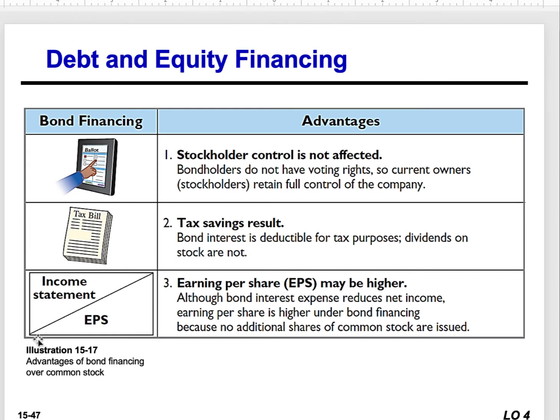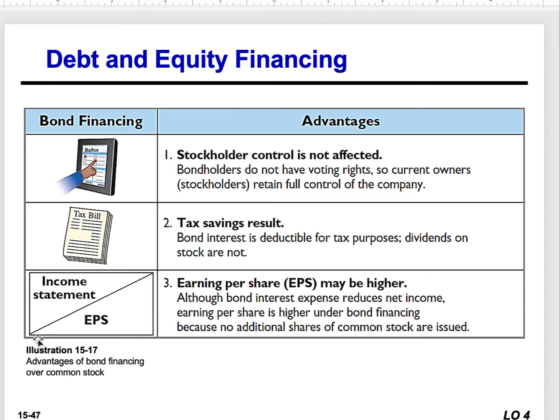Beautiful. Tax savings is another advantage of bond financing. Why? Because the bond interest that we pay is deductible for tax purposes, obviously. Dividends on stock are not deductible, okay? Again, for tax purposes. It is possible with bond financing that our earnings per share may be higher.